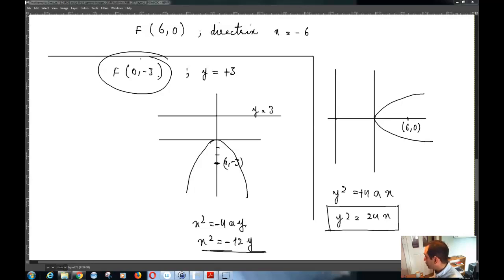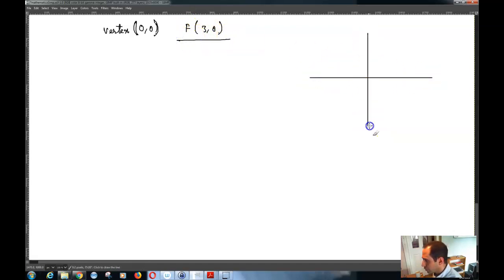Number 9, you have the vertex at 0, 0. This is your vertex. And then you have the focus F at 3, 0. So again, this is enough. You know that your focus is at 3, 0. So 1, 2, 3, 0 is your focus, F at 3, 0.